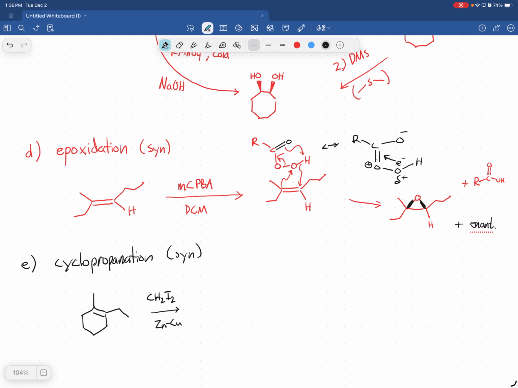So what ideally happens here is you get a source of CH2, carbene, like that. Remember, just like with bromine, carbenes can also insert. So they insert on the same face of the alkene. So you're going to get insertion here very similarly.